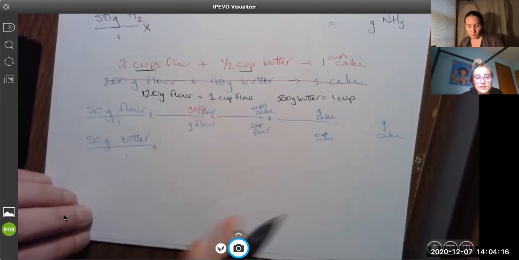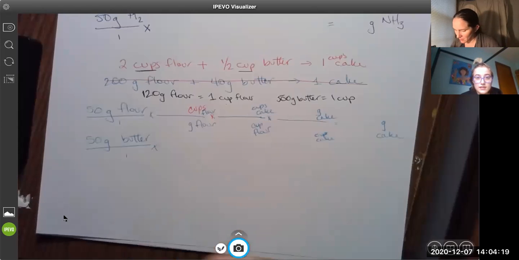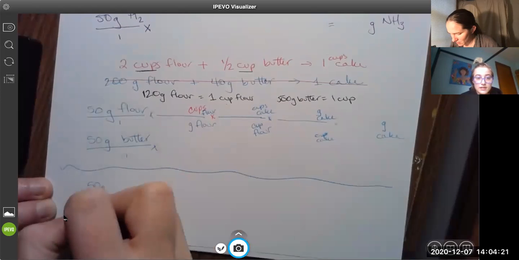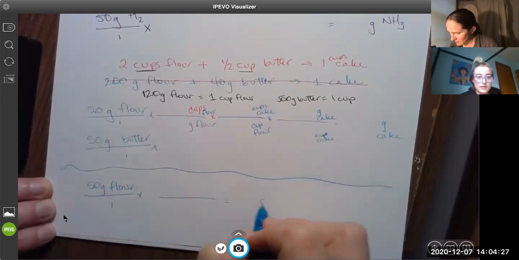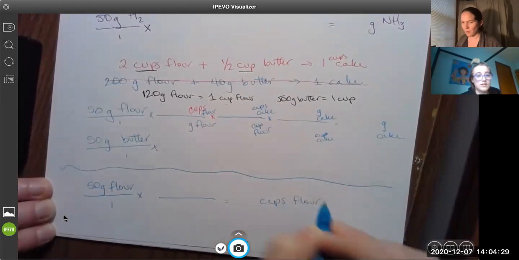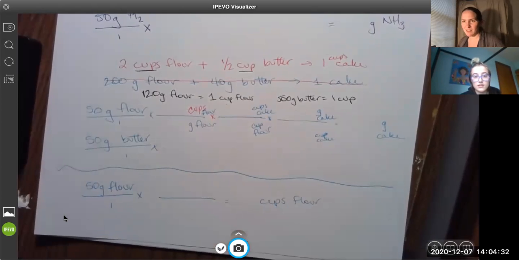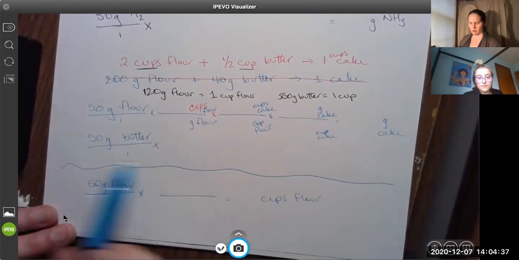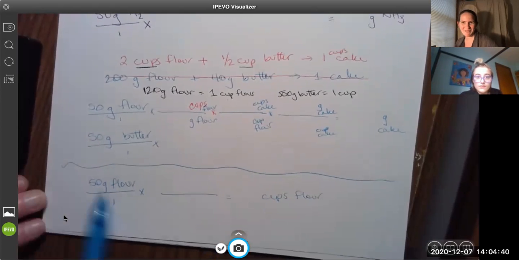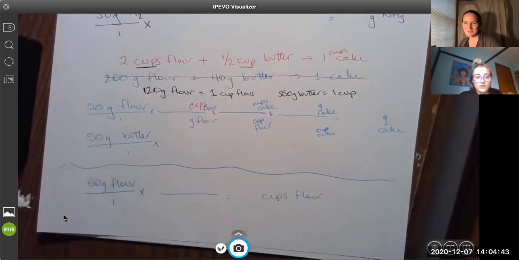We could say 50 grams of flour is how many cups. Same exact idea. If we were to do this one, how would we do this one? Well, we would need to find out how much 50 is to 1 cup.